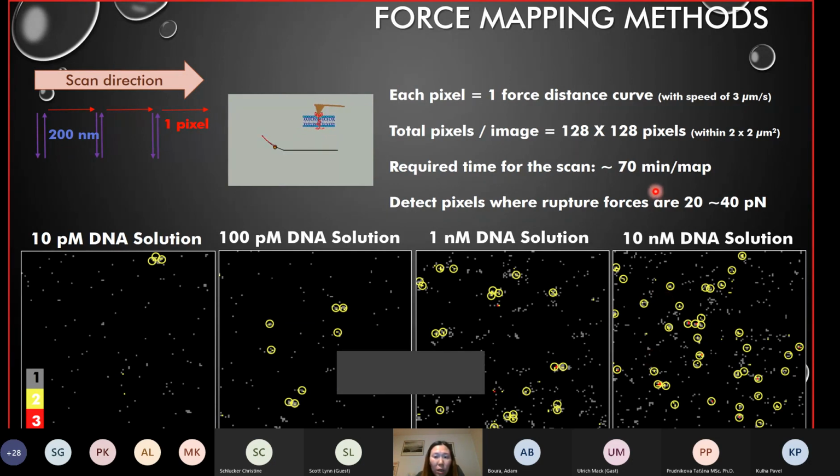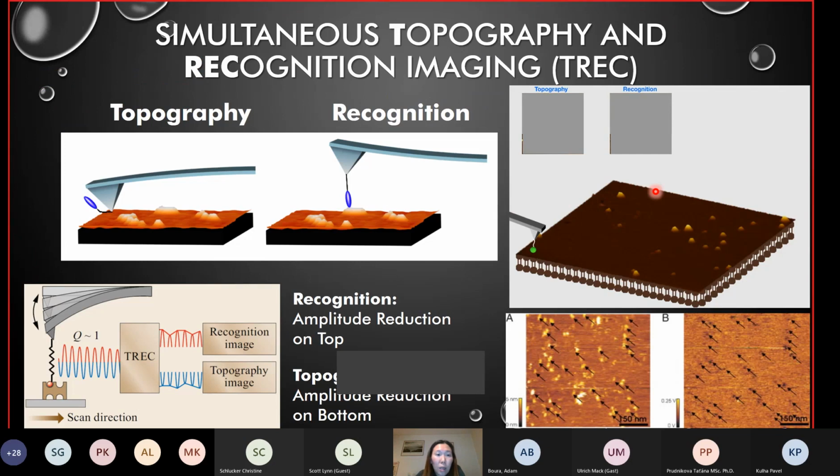To reduce the time and also to get better resolution, we apply another technique called simultaneous topography and recognition imaging, so-called TREC, developed by our group. In this case, it is not a static movement anymore. The AFM cantilever is oscillating at its resonance frequency, in our case about 10 kilohertz.